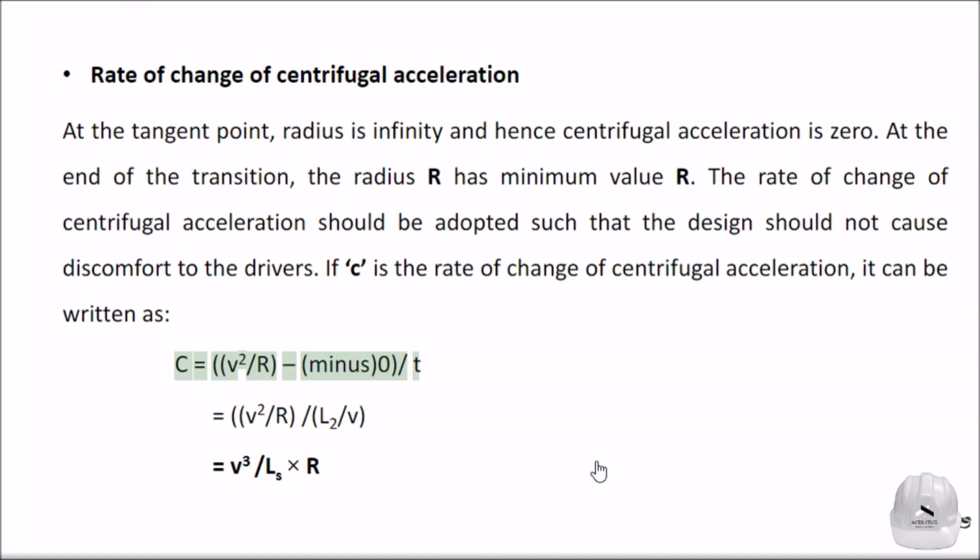C equals v²/R minus 0 over t, equals v²/R times L_S over 2v... equals v³/(L_S times R).